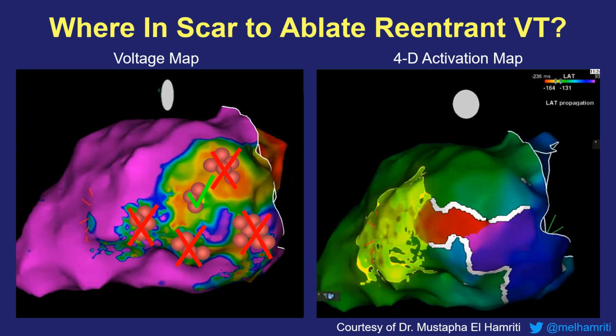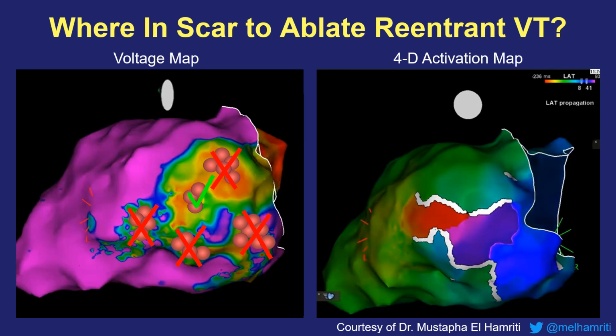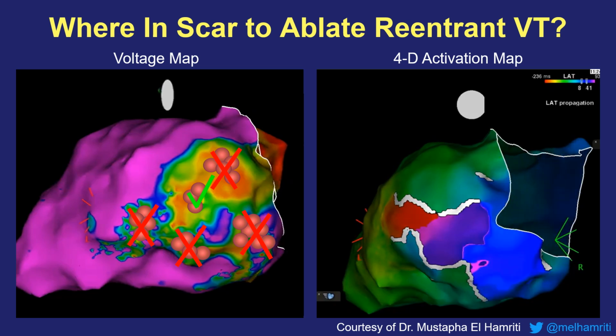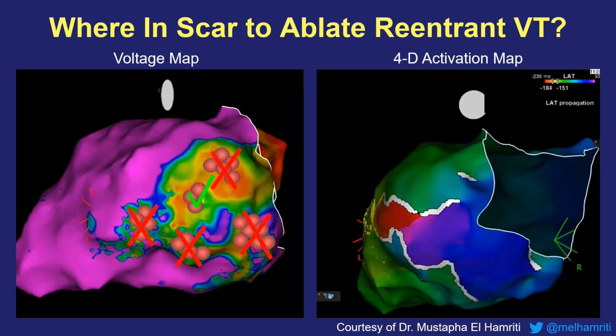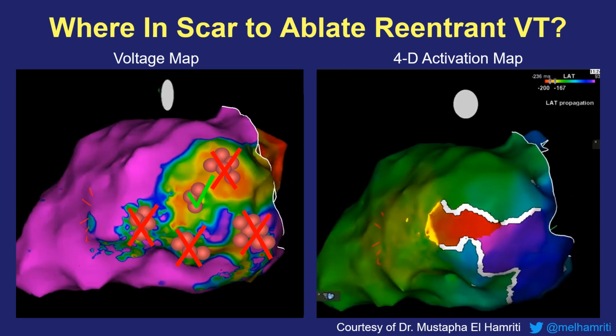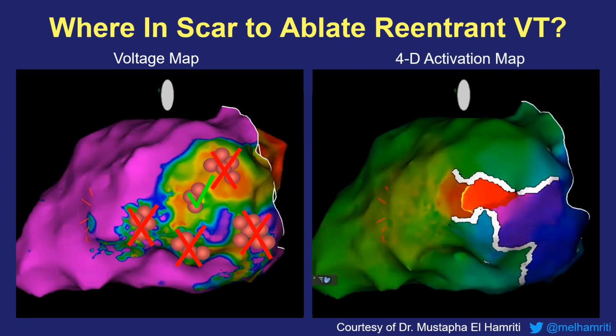Here is an activation map of the same patient showing ventricular tachycardia, and now we see a color scheme and wavefront propagation going in and around the scar, showing us where this VT circuit actually lies. And if we then look at these same lesions I drew on the left, looking at the activation map instead, we can easily understand that ablation in this location will tie together two electrical barriers.